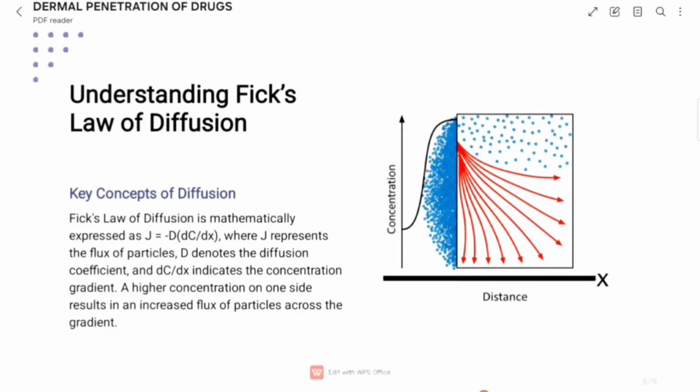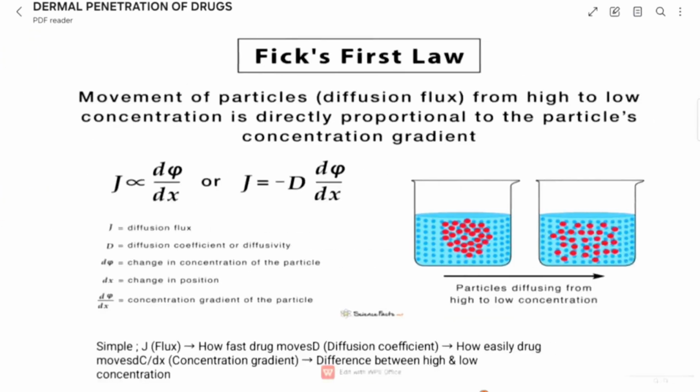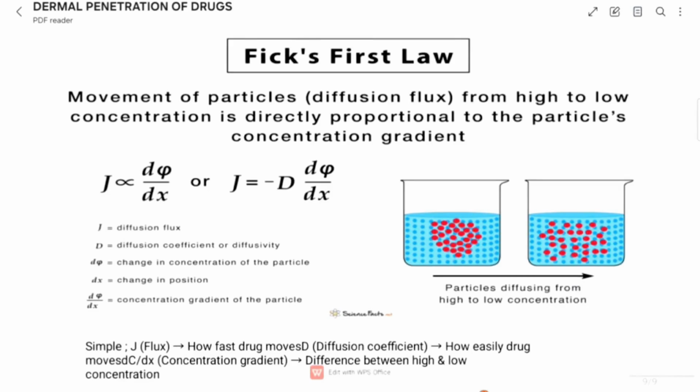Here we have to use Fick's law of diffusion to understand the concept. Here we can simplify this. The movement of the particles, that is the diffusion flux, from a region of higher to lower concentration is directly proportional to the particles' concentration gradient.